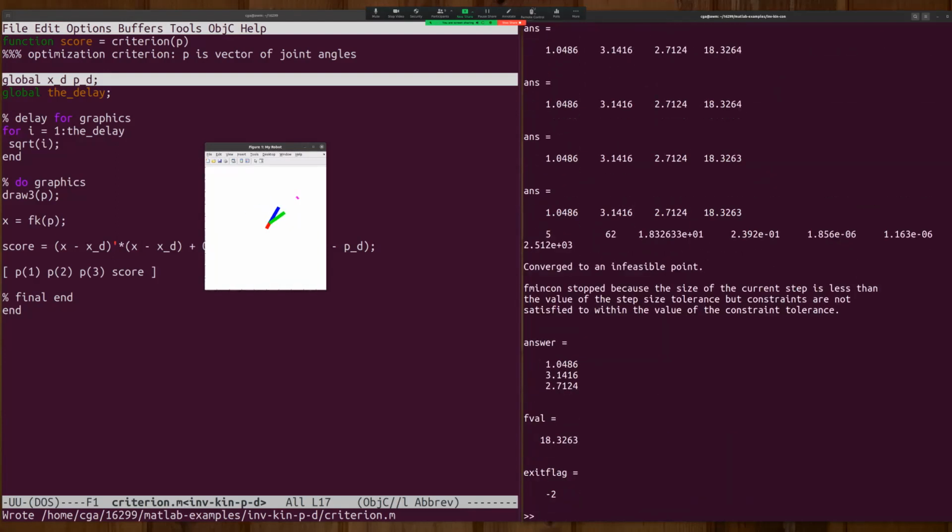Okay, so here it failed to find a solution, probably because the blue link was aligned with the red link, and this constrained optimizer uses derivatives. In that case, the configuration is singular, the derivatives are 0, so it doesn't know how to break out of that configuration. Let's give it another try.